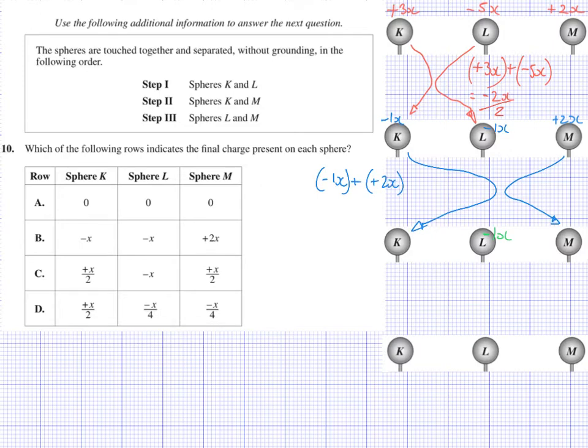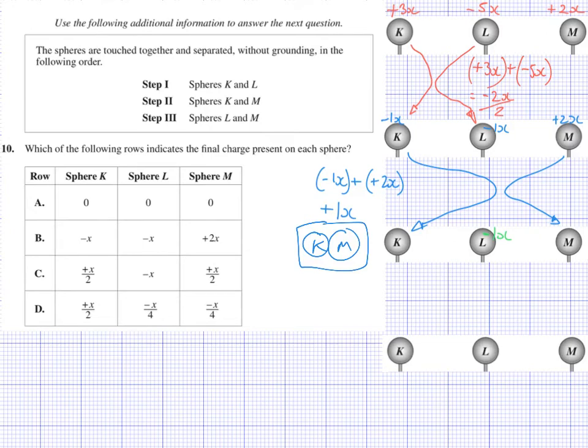If we do the sum, this is of course going to give me a total positive 1x. And remember, that's the total charge of K and M together. So maybe we can just visualize that. This is K and M, with a total charge of positive 1x.